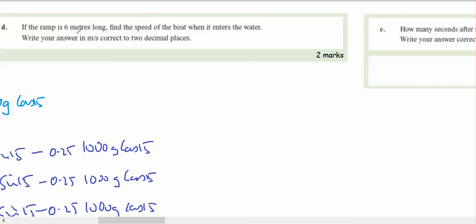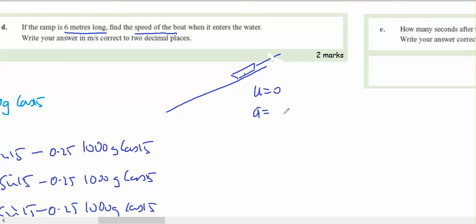Looking at part D, the ramp is 6 meters long. Find the speed of the boat when it enters the water. I know that when the boat is at the top and P is cut, the boat is stationary. So U equals 0.